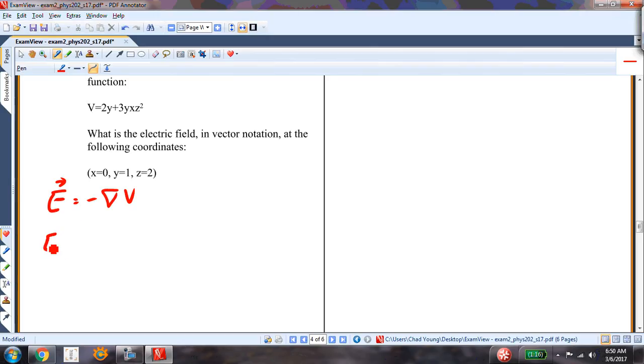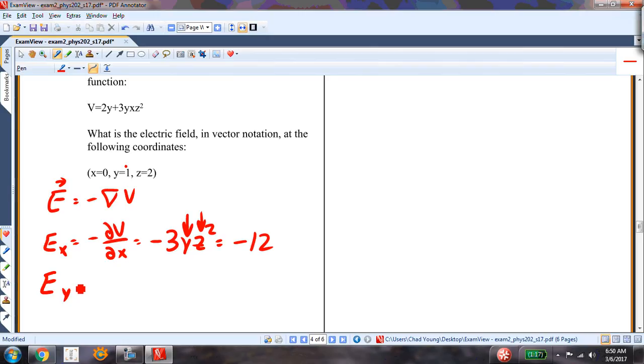So let's do Ex, negative del V del x. That's the derivative of this with respect to x. That's going to be 0, so it's going to be 3yz squared. Putting in my values for x, y, and z, I get that to be negative 12. What I did is I put in y equal 1 and z equal 2. 3 times 1 times 4 is equal to negative 12.